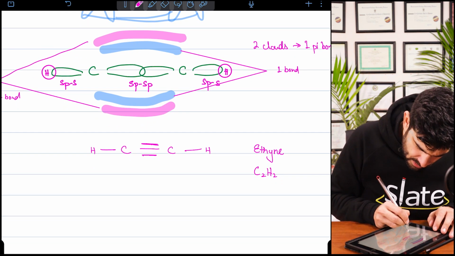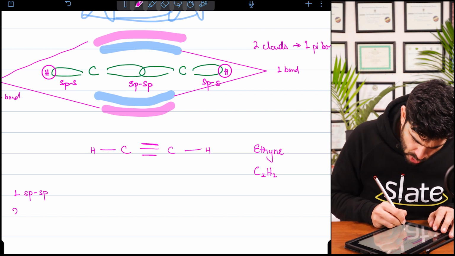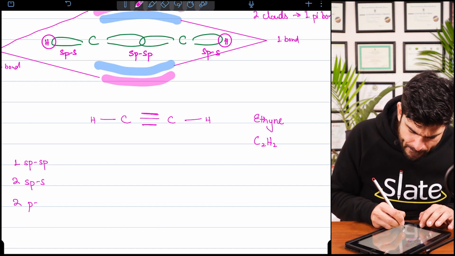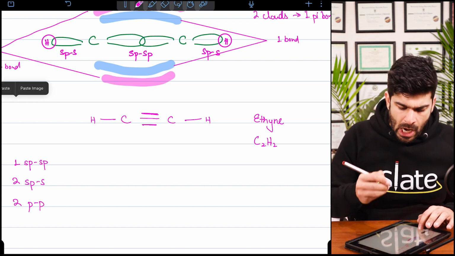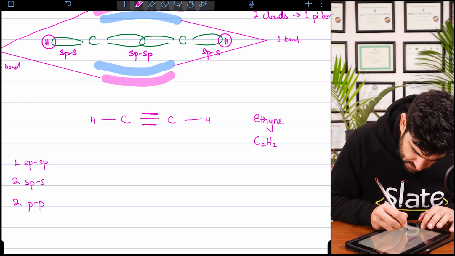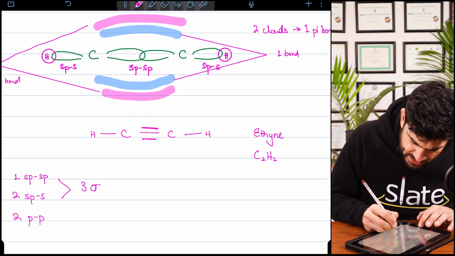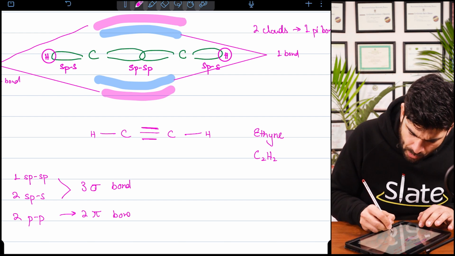Last thing for today, what are the overlaps here? We have one sp overlap, two sp s overlaps, and two pp overlaps. How many bonds? 3 sigma bonds and 2 pi bonds.